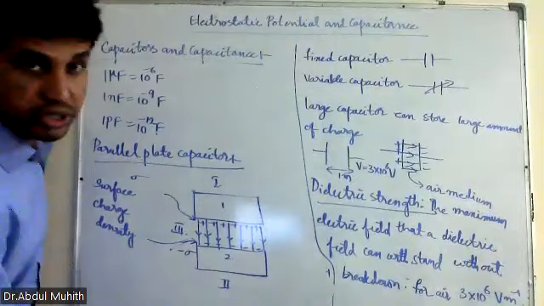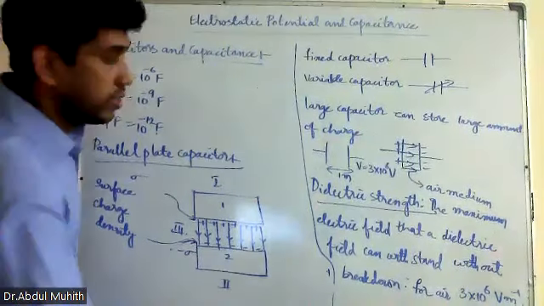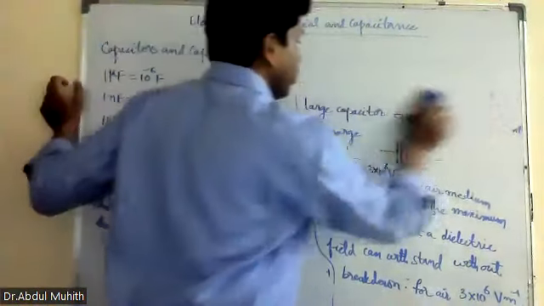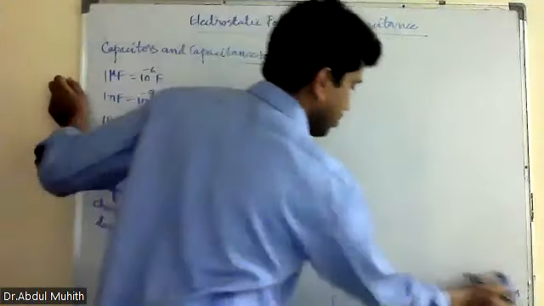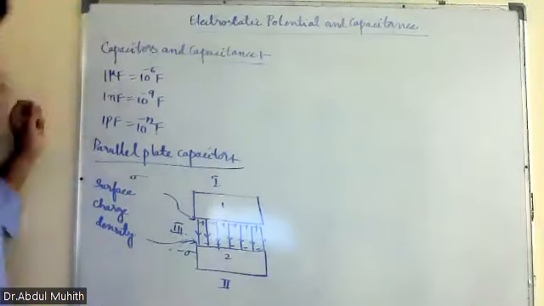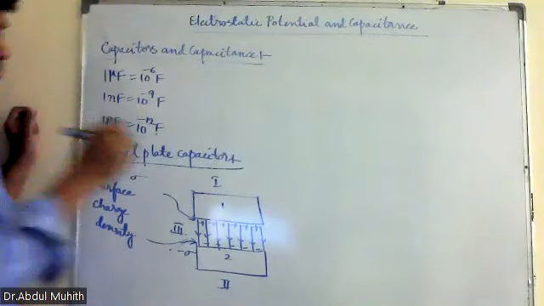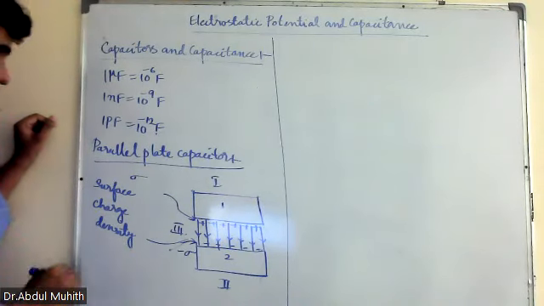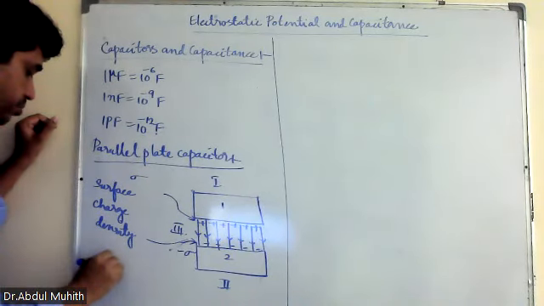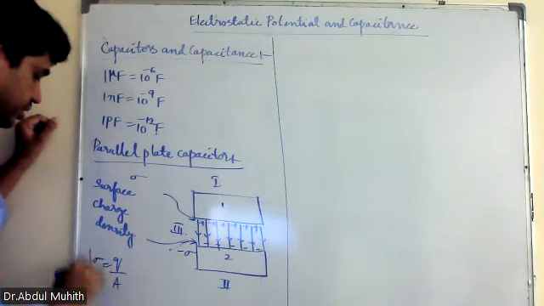What is the definition of surface charge density? Can anyone say? Surface charge density is charge per unit surface area. Charge per unit area is said to be surface charge density.